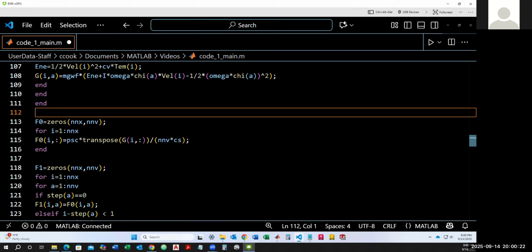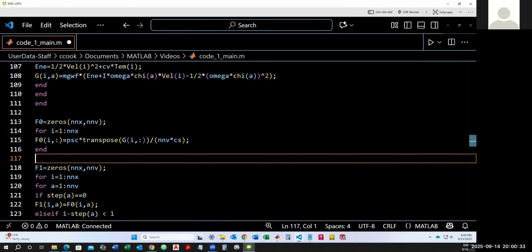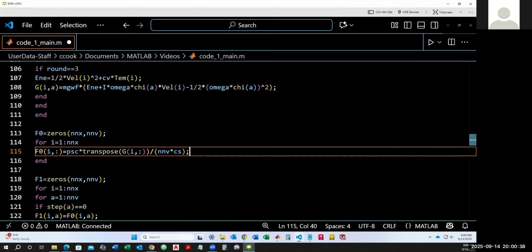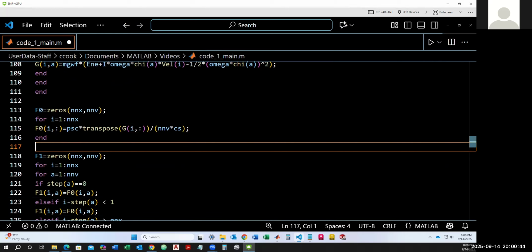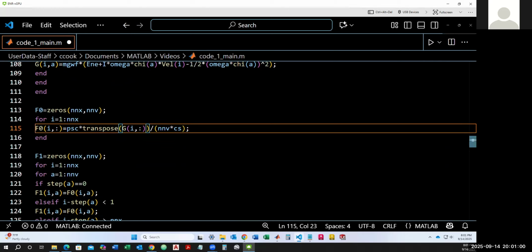We'll then initialize F0. So F0 will be the velocity distribution at T. F1 will be the velocity distribution at T plus delta T. So in order to get the initial velocity distribution, we have to extract it from G. In both papers, I refer to the discrete Fourier transform going from the velocity distribution to the moment generating function. So we're going from the moment generating function to the velocity distribution.